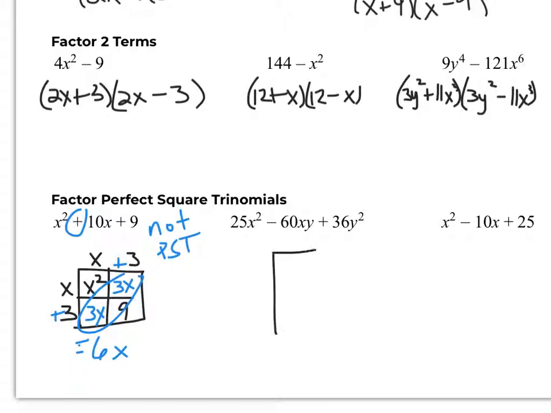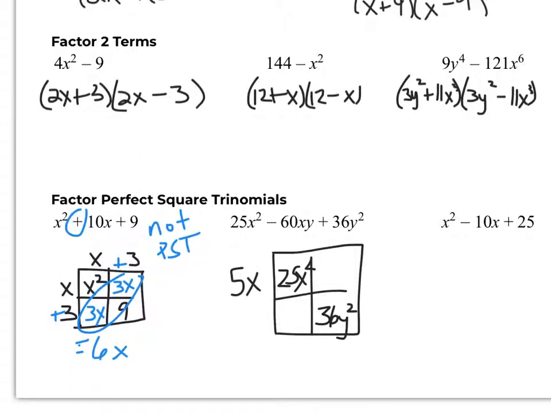Let's try the next one. First term, first box. Last term, last box. Let's try doing the square root. So this would be 5x. 5x. Square root of 36y squared is 6y. 6y. And then my middle sign is negative. And let's check.